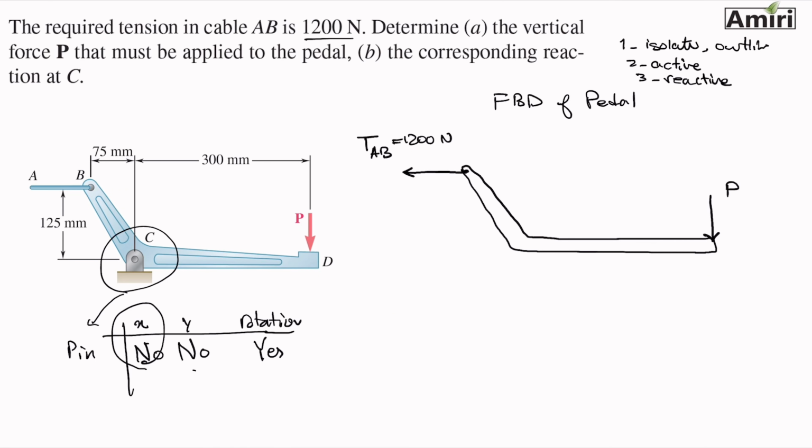Everywhere that you see a no, you have to add a force or a moment. In this case, I only see translation no's, which means only X and Y, so Cx and Cy. If you don't know which way they're going, that's all right. These are unknown, so you can put them both in the positive direction.